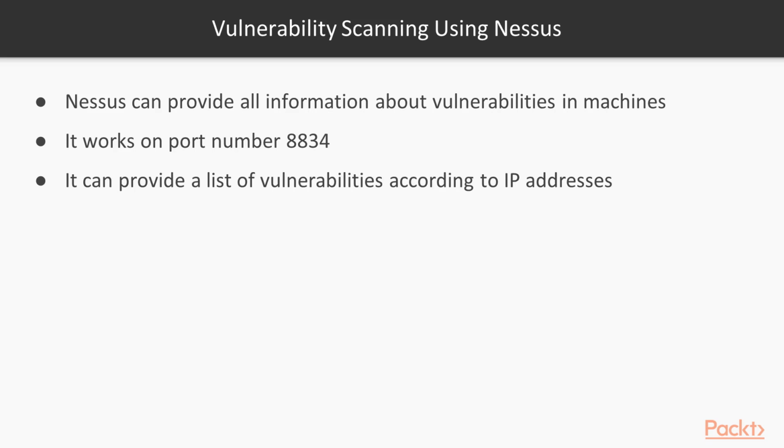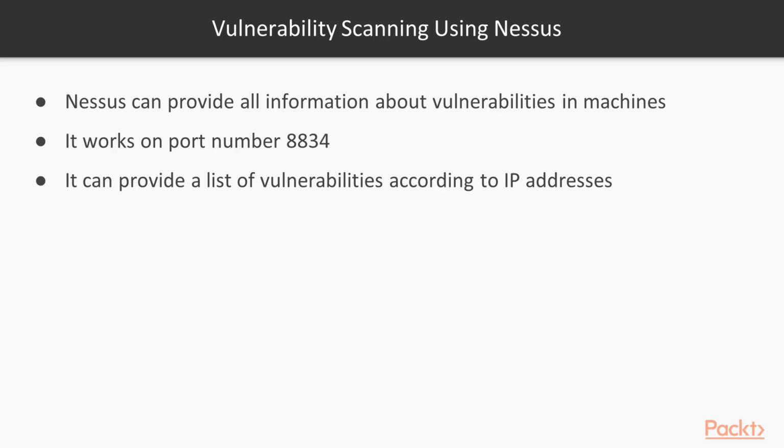In the previous video we have successfully downloaded and installed the Nessus network vulnerability scanner, and now I'm going to show you how you can use it to find vulnerabilities in a network. It's quite simple. You just need to search Nessus web client inside your search box and you will find the link.